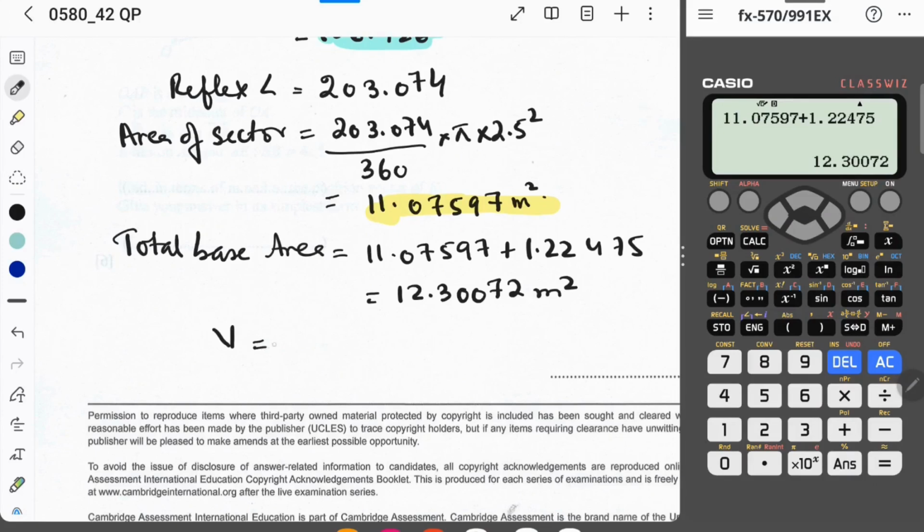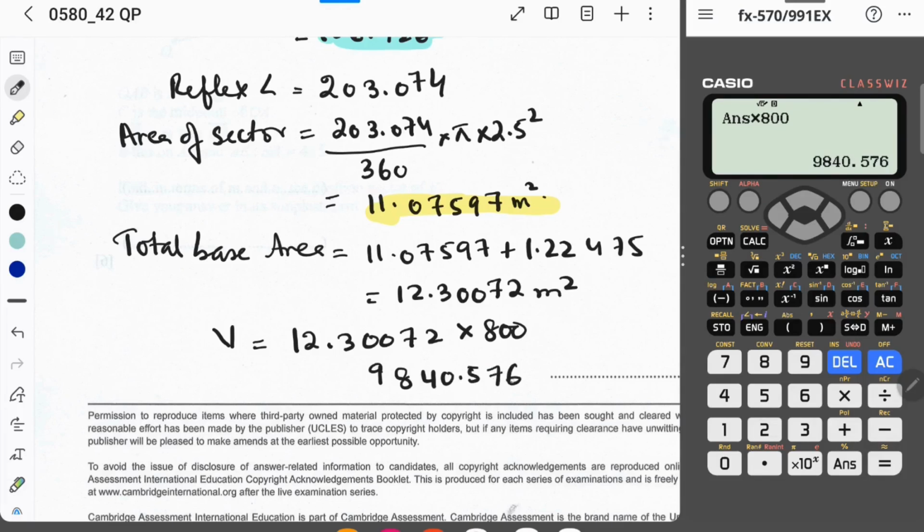So volume is 12.30072 multiplied by 800, so that is 9840.576, meter cube, because it's a volume.